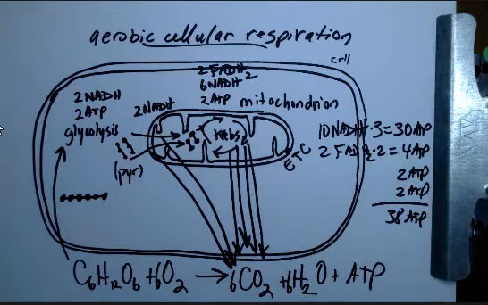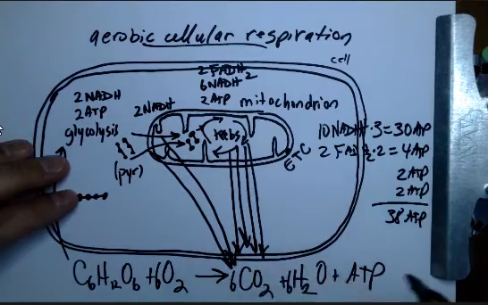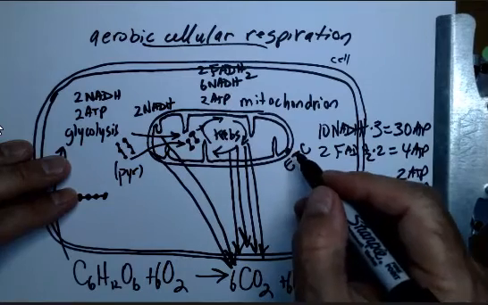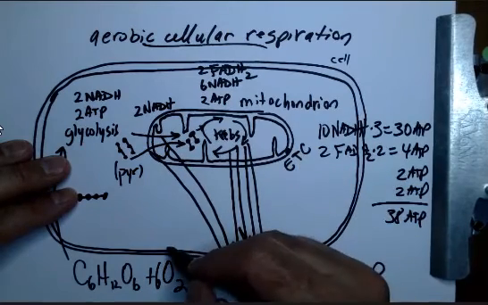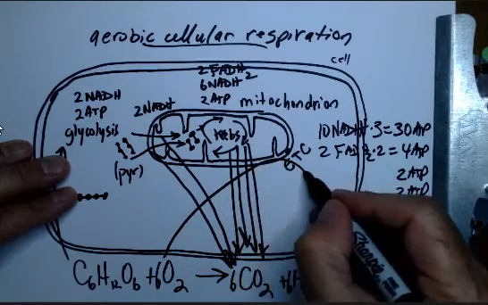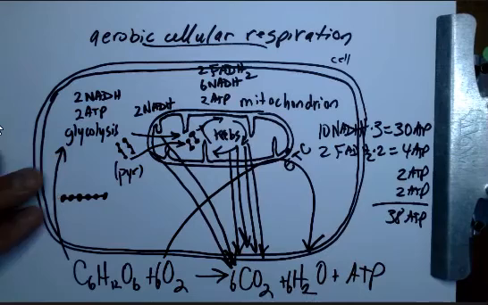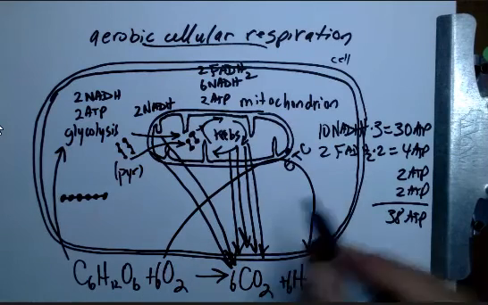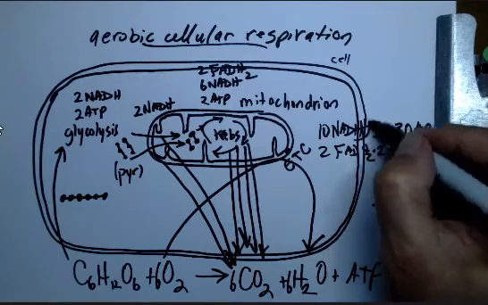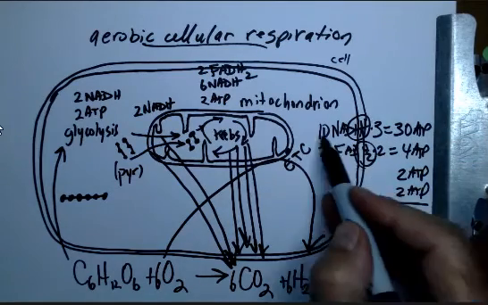The last step that I want to show is that in the electron transport chain, the oxygens are transformed into water. How do they do that? You've got oxygens here. I see hydrogens here, and I see hydrogens here, NADH.